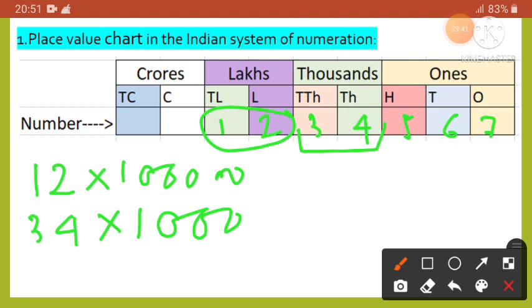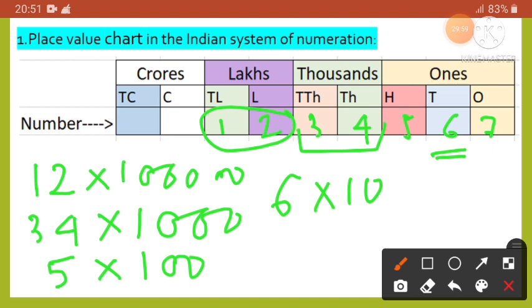Then 500. So it will be 5, the face value, and the place of the digit is 100. So 5 into 100. Then 67 is 60 and 7. 6 is under tens, so 6 into 10, and then at last 7 into 1.